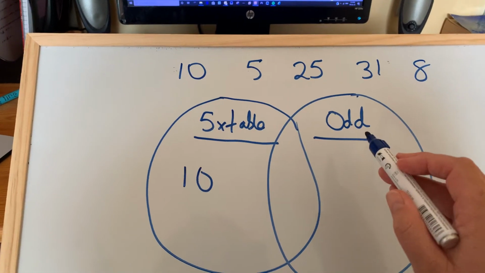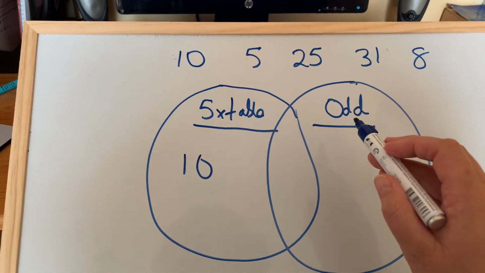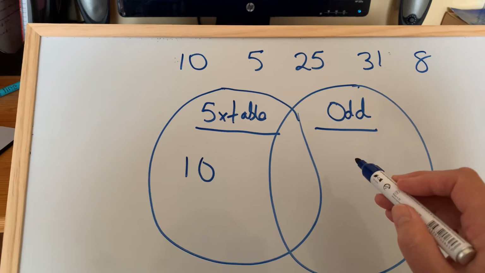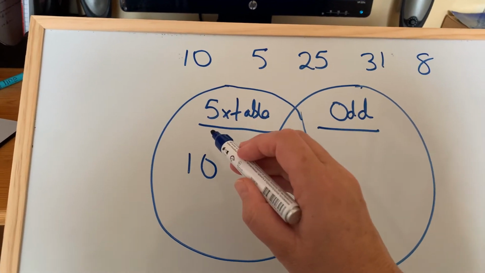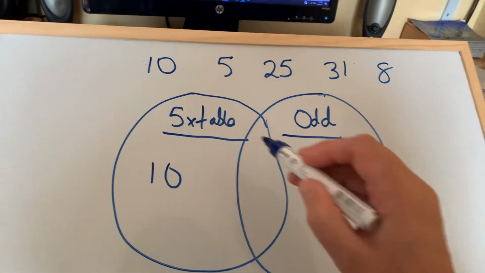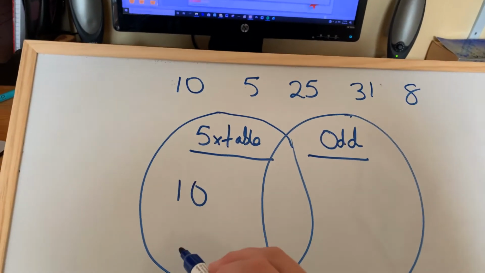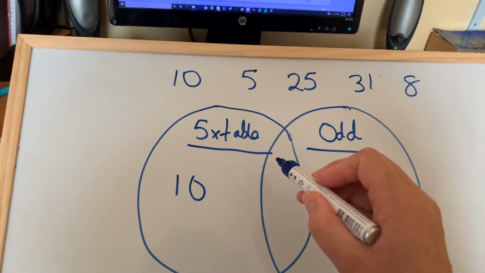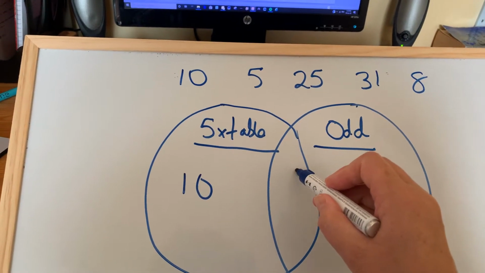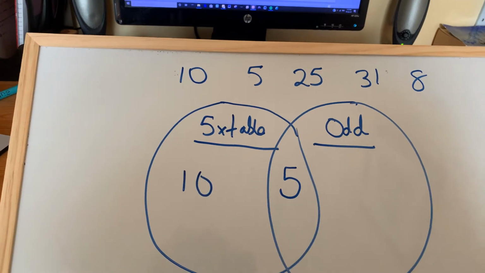Is it an odd number? Yes it is. So I need to put it in the odd circle, and I need to put it in the 5 times table circle. So that is where you would put the 5, where the 2 overlap.